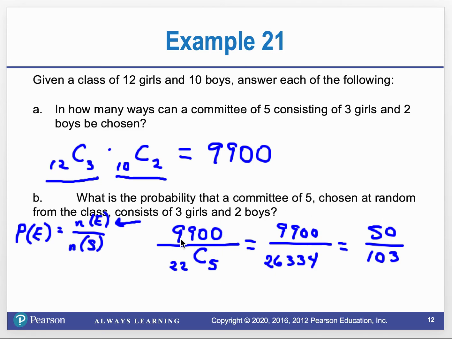So the only reason I did it like this is because really we had already calculated this number. I could have put this in my numerator and this in my denominator and done it all in one step. Or I could have found the number for the numerator and the denominator independently.